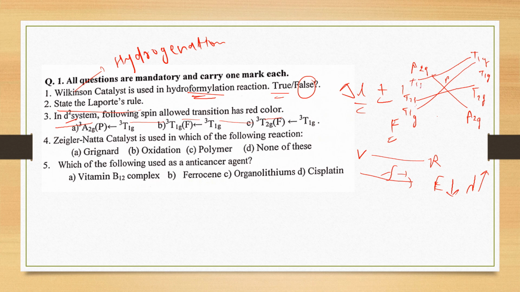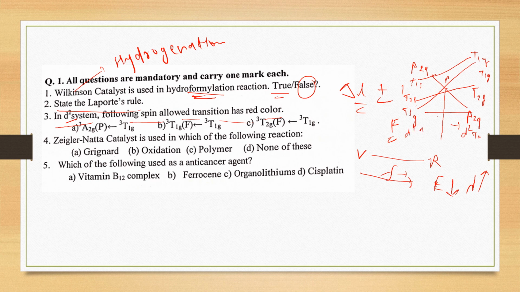So what we have to find out in this case is the spin allowed transition with red color. Red color means lambda is increasing, energy is decreasing. So we need the transition which requires lowest energy in D2 system. On this side we start from D2 tetrahedral, then D2 octahedral.